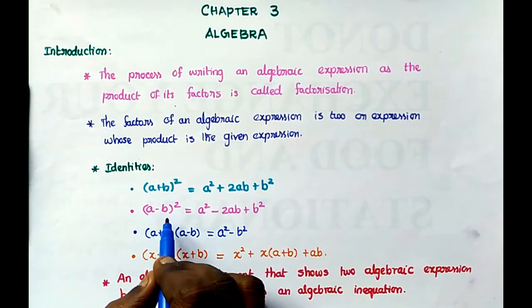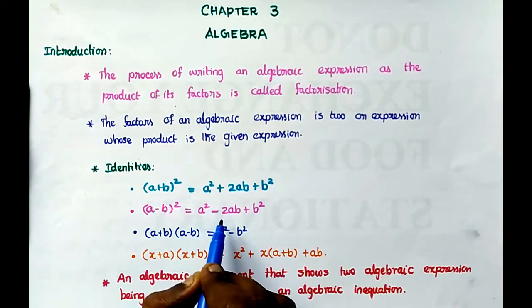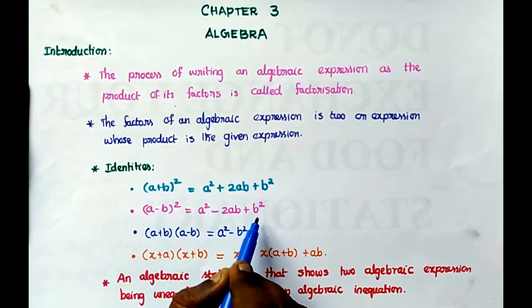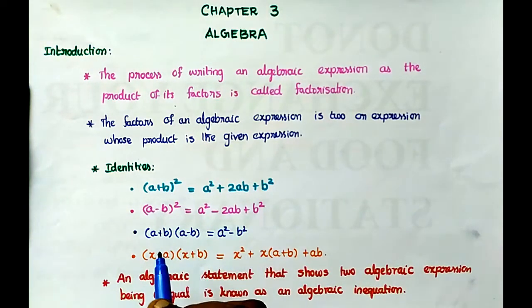(a minus b) whole squared is equal to a squared minus 2ab plus b squared. Next one, (a plus b) into (a minus b) is equal to a squared minus b squared.